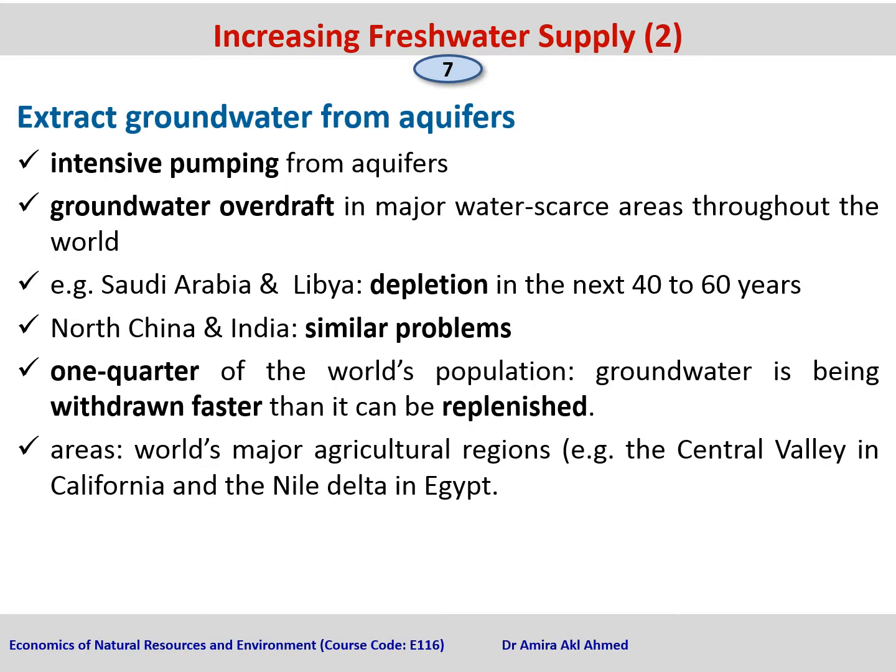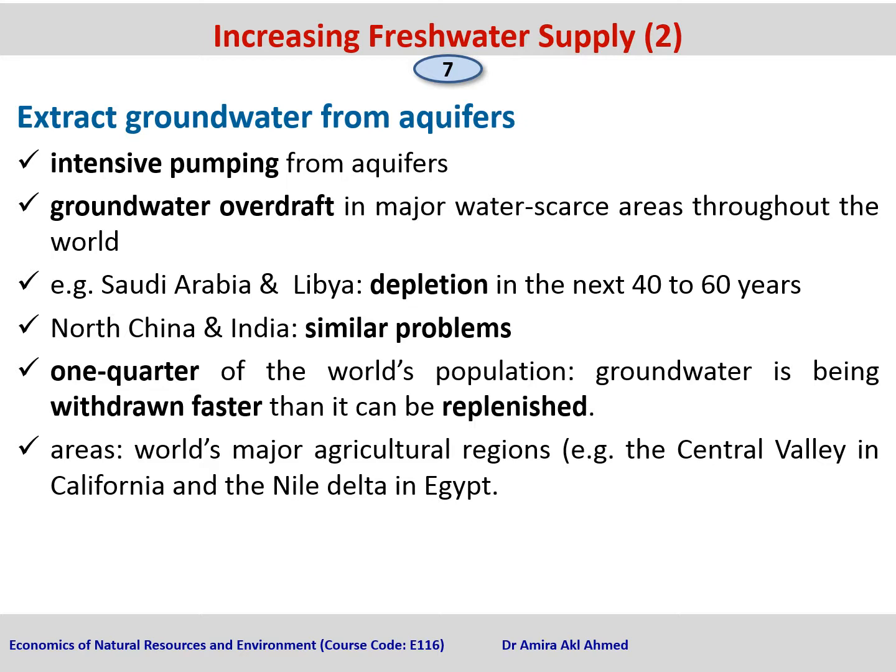Regarding the first way of increasing freshwater supply, which is extracting groundwater from aquifers, we could say that this way has led to groundwater overdraft in major water-scarce areas throughout the world. Countries such as Saudi Arabia and Libya rely on fossil groundwater from ancient aquifers in desert areas.